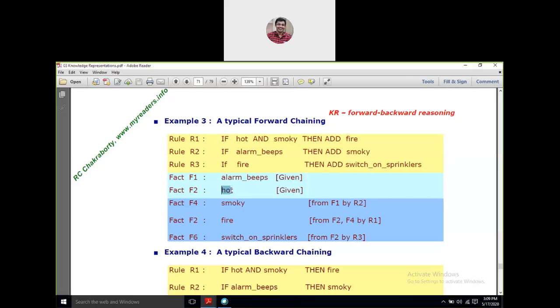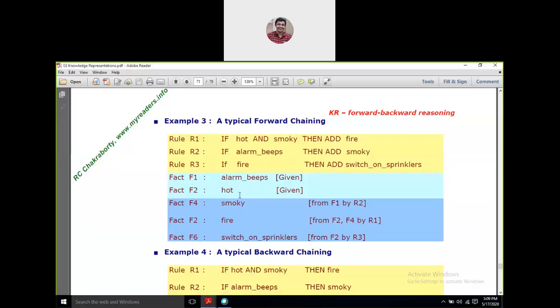Now next one is, this 5 is what? Now we'll be picking up this hot and we'll be scanning for whether there is something called hot. No, it is not there. You can say that yes, it is there, but there is a combination of hot and smoky that is to be there. So I have to check out my working memory. What is my working memory right now? My working memory is F1, F2 and F4 after the first iteration.